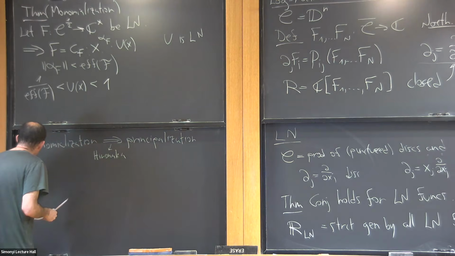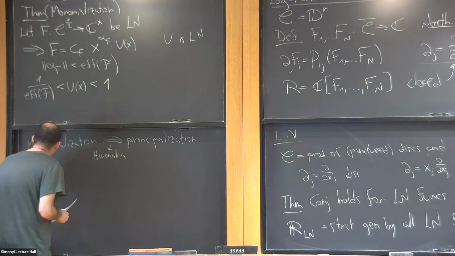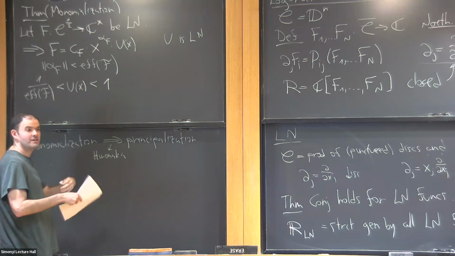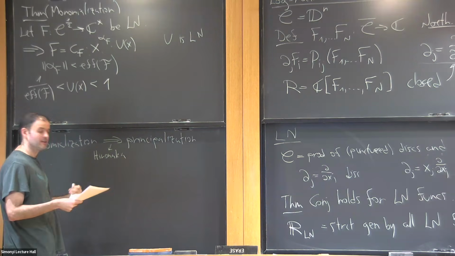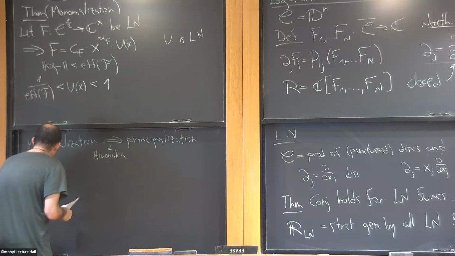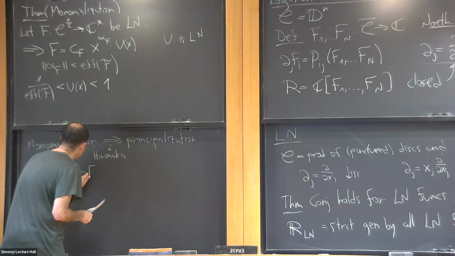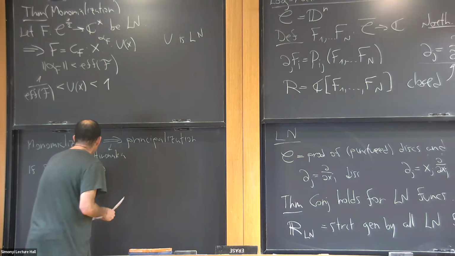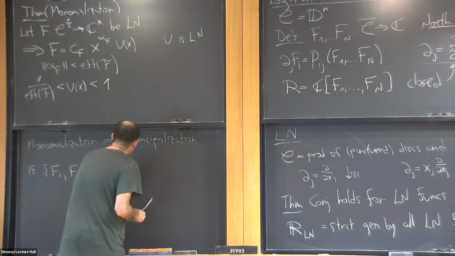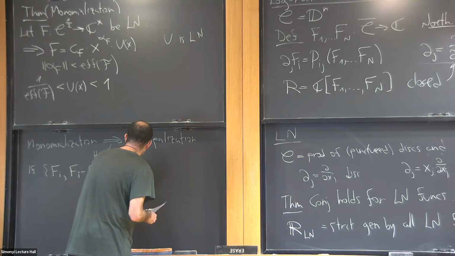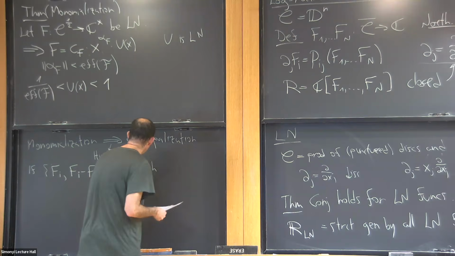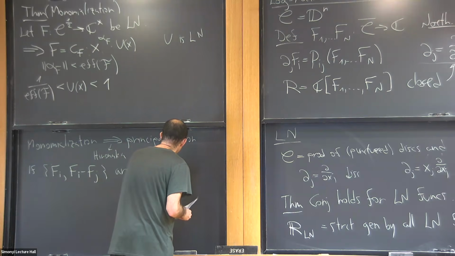Suppose that you have a collection of functions that generate an ideal and you want to principalize this ideal. So suppose that I take every Fi and I take every difference, Fi minus Fj. And suppose that I monomialize, or suppose I pass to a chart where each is a monomial times a unit.